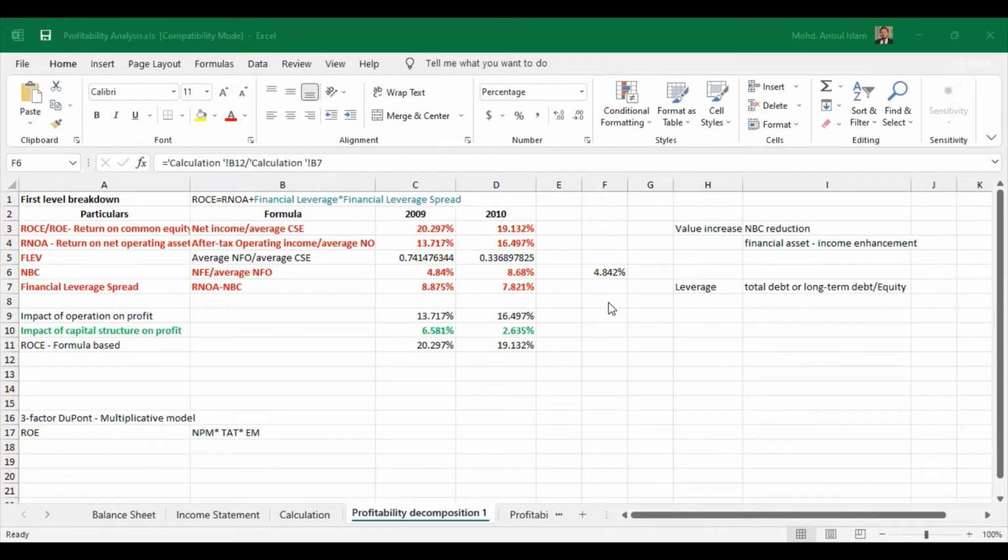Now, if I generate more return by investing in operation and I incur less cost through financial obligations, should I borrow more or increase my financial obligations and take more loan or make more borrowing and then invest in my operations?